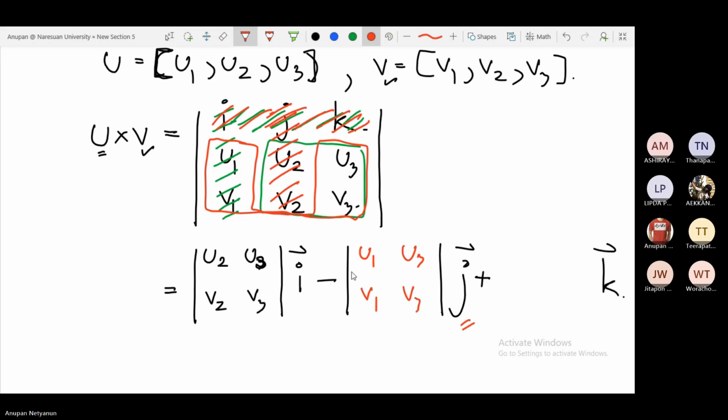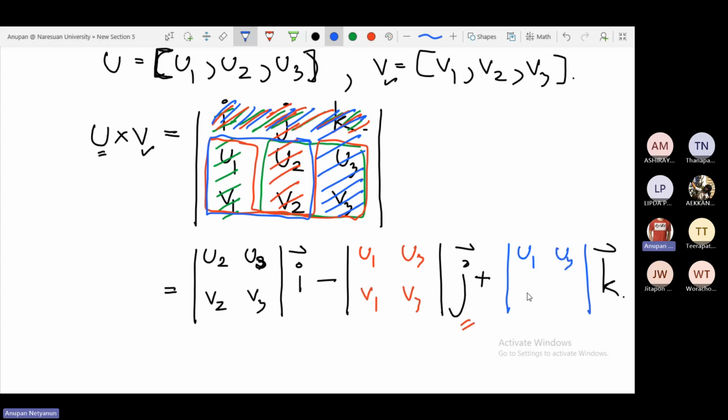Okay. Now, lastly, if you want to know the coefficients of K, close the column that has K, and then close the row that has K. So you are left with this, which is U1, U3, V1, and V3.